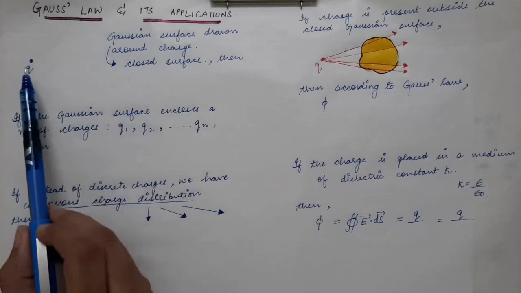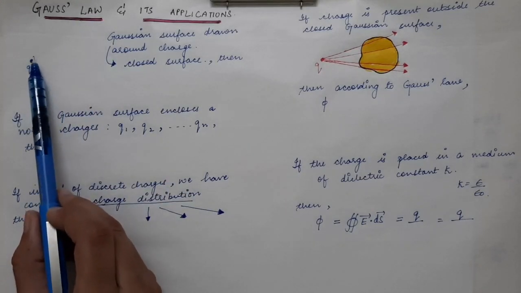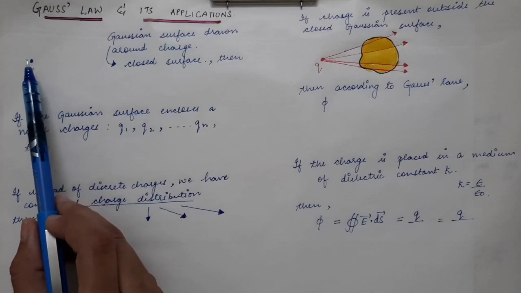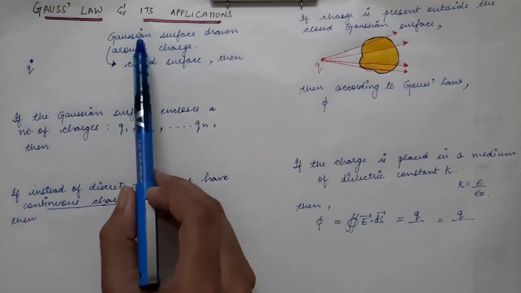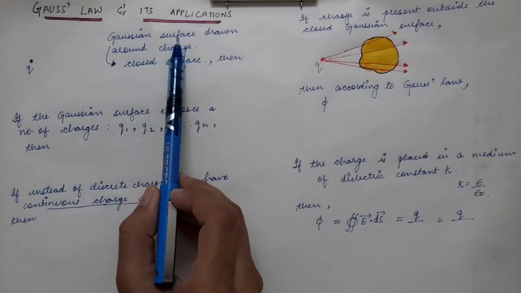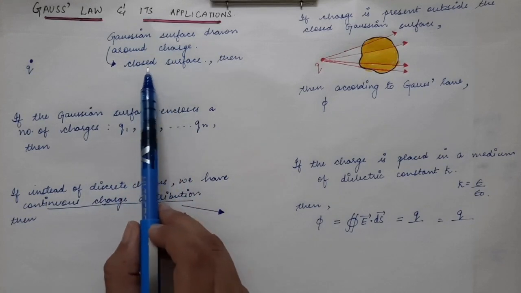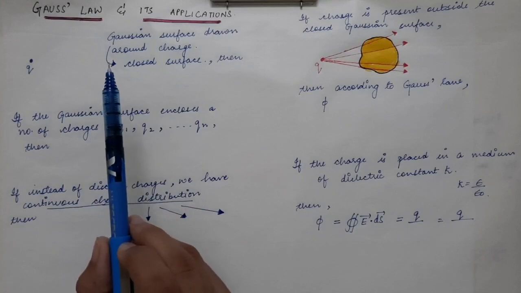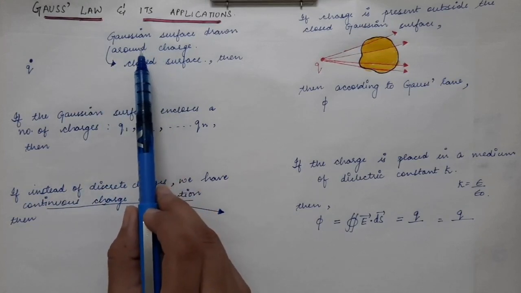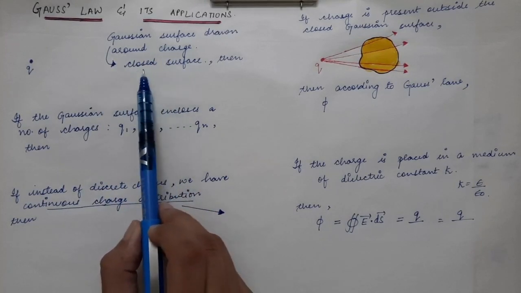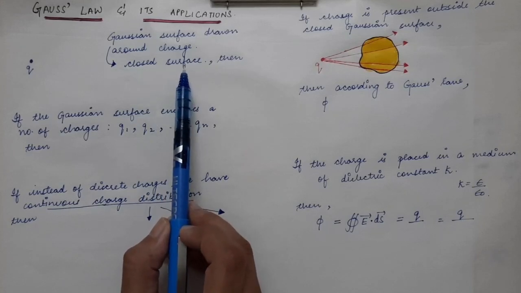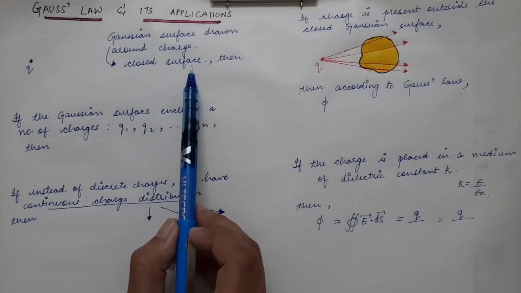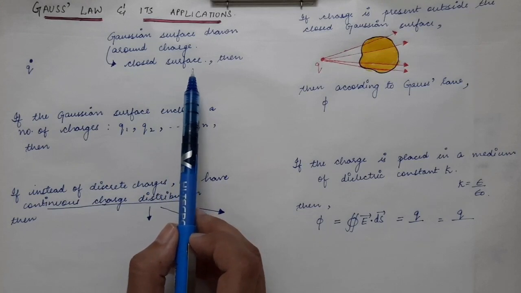So if we have a system of charge, let's say we have a charge q present in space, first of all we will draw a Gaussian surface, and this surface is a closed surface. Keep in mind, in Gauss law, if you are drawing a Gaussian surface, then that surface must be a closed surface. You can draw a sphere, a cylinder, a cube or a cuboid.